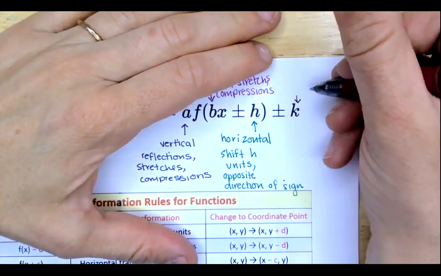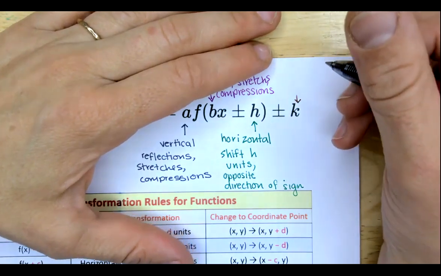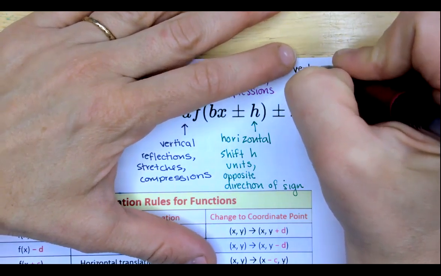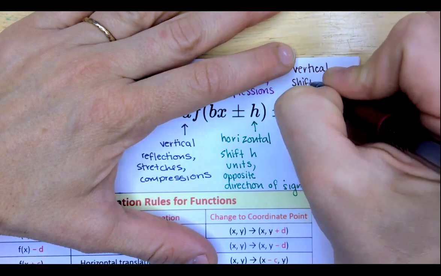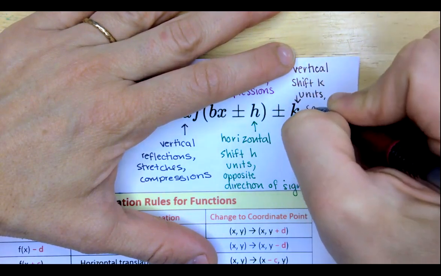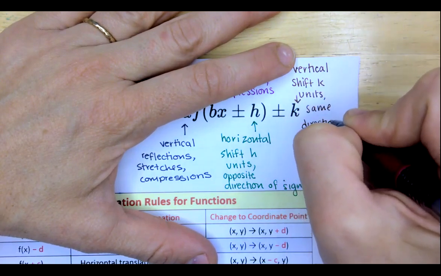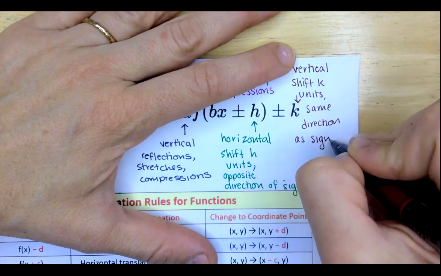So on the y-axis, up and down, a vertical shift of K units, same direction as your sign. So that's just a little introduction.